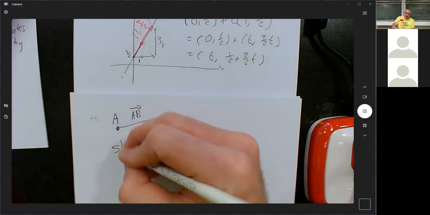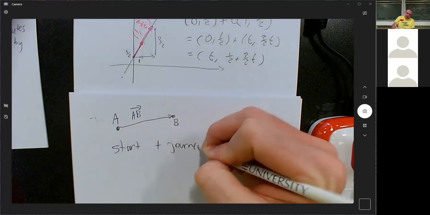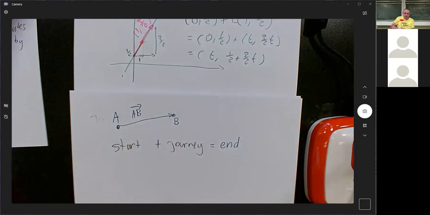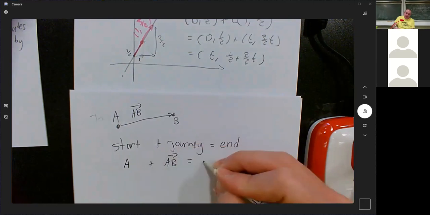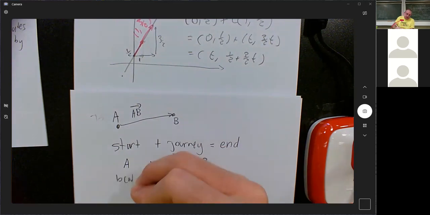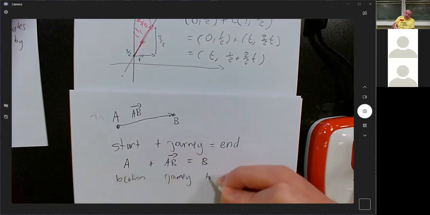So start plus journey equals end. So the point A plus the journey from A to B is the location to point B. So, and this is a location, this is a journey, and this is a location.